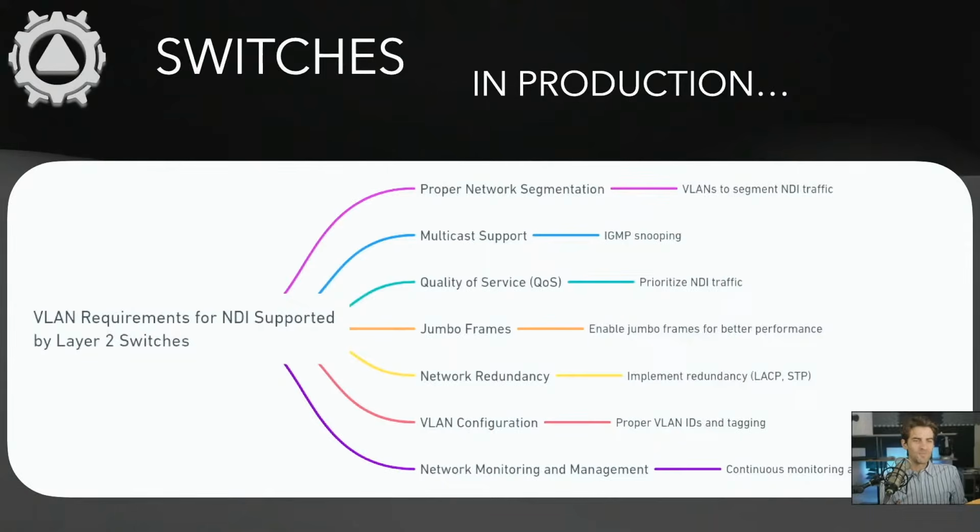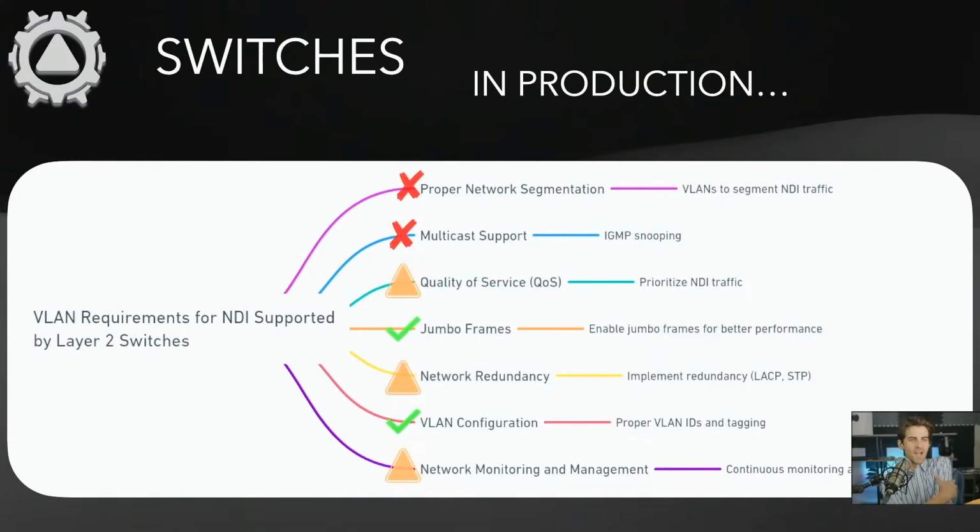QoS, I'm going to go with some will do it, but not really. Network redundancy, yeah, it can be done. VLAN configuration, no. It can follow VLANs, but it can't actually make good use of them or do anything other than that. All right, network monitoring and management, continuous monitoring and issue resolution.